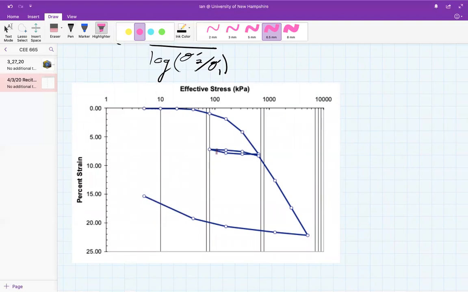So here's our curve, and we're going to find that our compression index is going to be essentially this curve right here, because this is where we recompress the clay. So think about it for those who haven't done a consolidation test or ever seen one before. We load the clay for a certain amount of time, and then we keep increasing the load, recording the strain until a certain point. And then we're going to let the clay rebound.